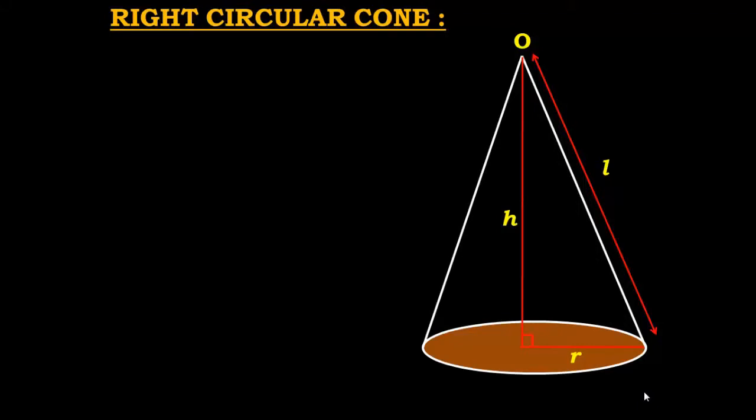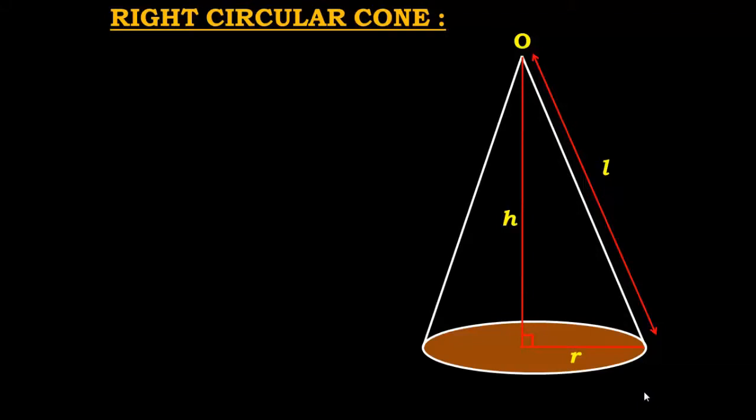One is slant height, denoted by L, and one is perpendicular height, denoted by H, and R is the radius of the circular face. So for a cone you have to remember three dimensions: slant height L, perpendicular height H, and radius R.